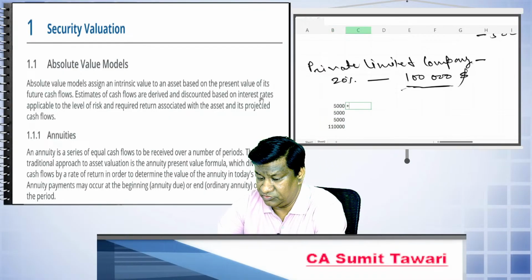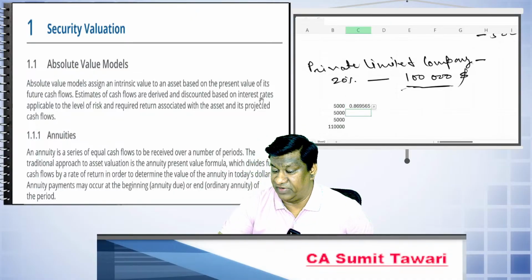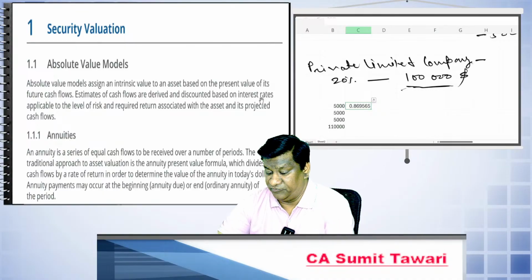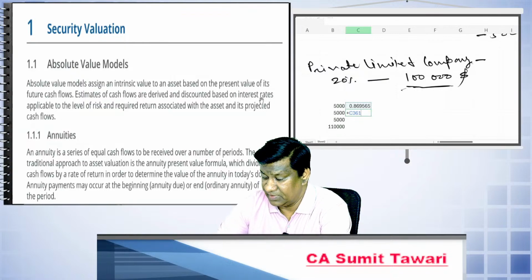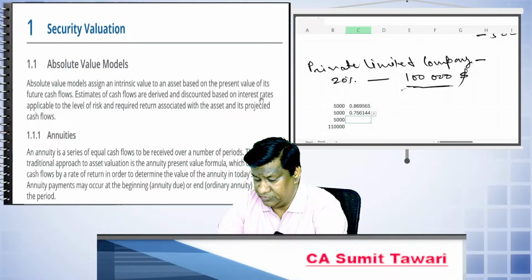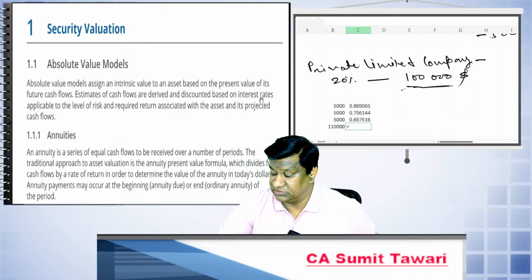So we apply the discounting factor. How do we calculate it? 1 divided by 1 plus the expected interest rate, or hurdle rate. Then for the second year, and for the third year, which is the end of the third year, we need to consider the same.